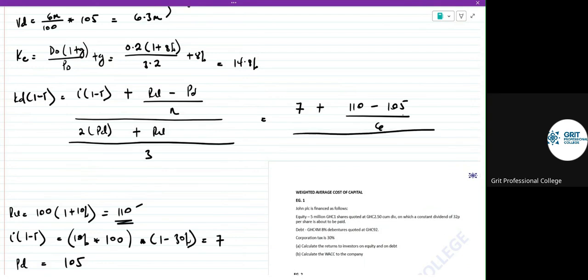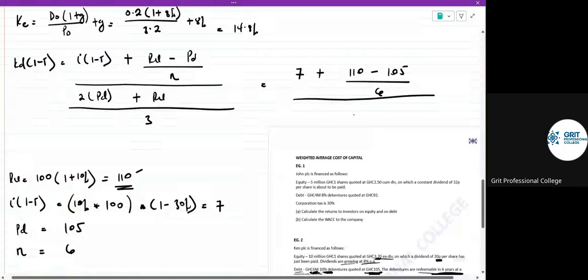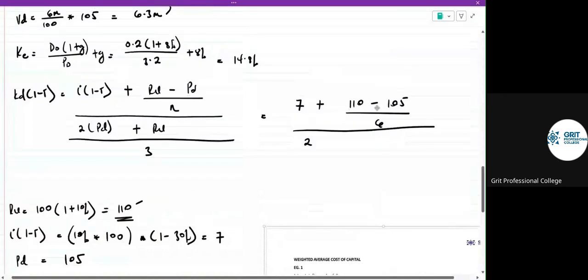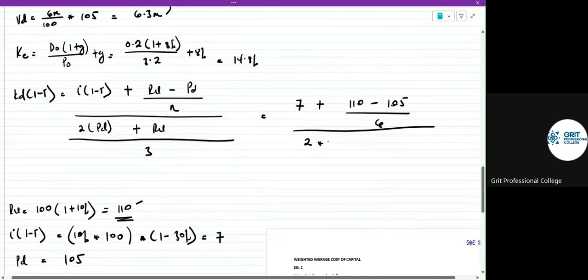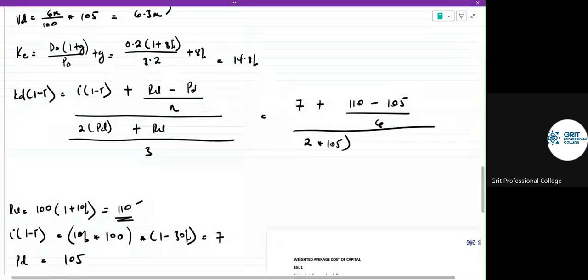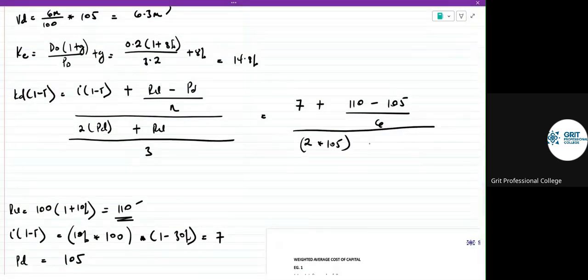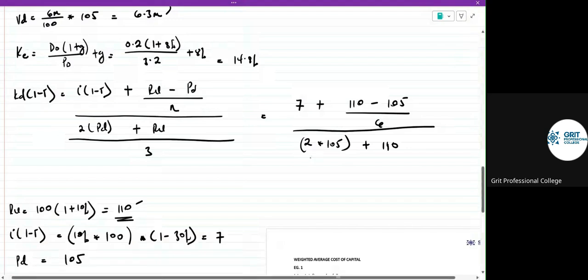Everything over 2 by 105 plus 110, all over 3.